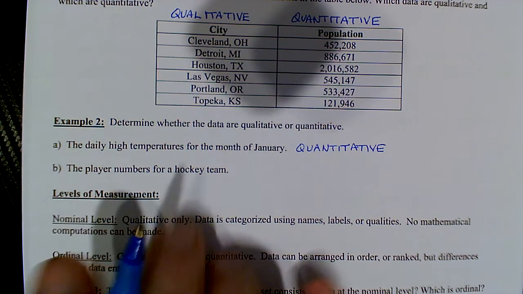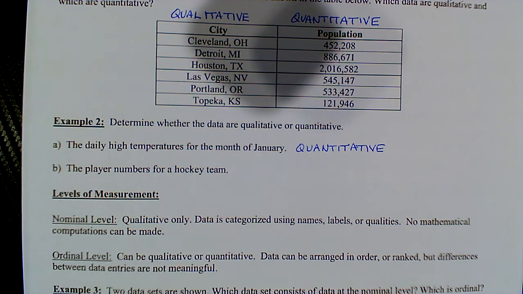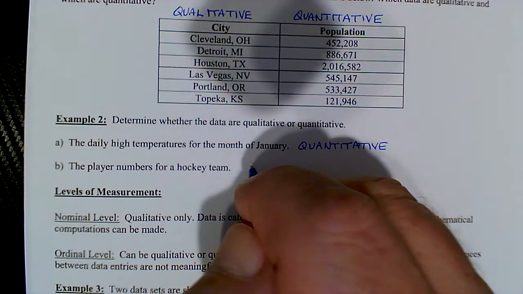Although in part B, the player numbers for a hockey team, so we're talking about the numbers on their jerseys, are numerical in nature, they do not represent measurements or counts. They're just labels.